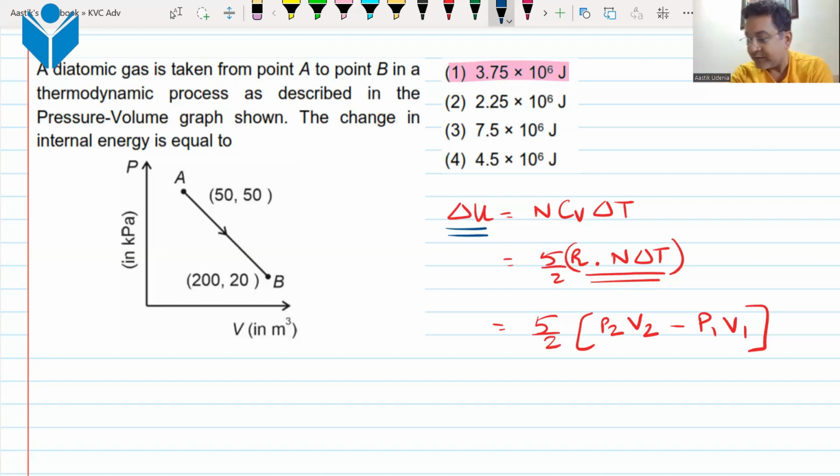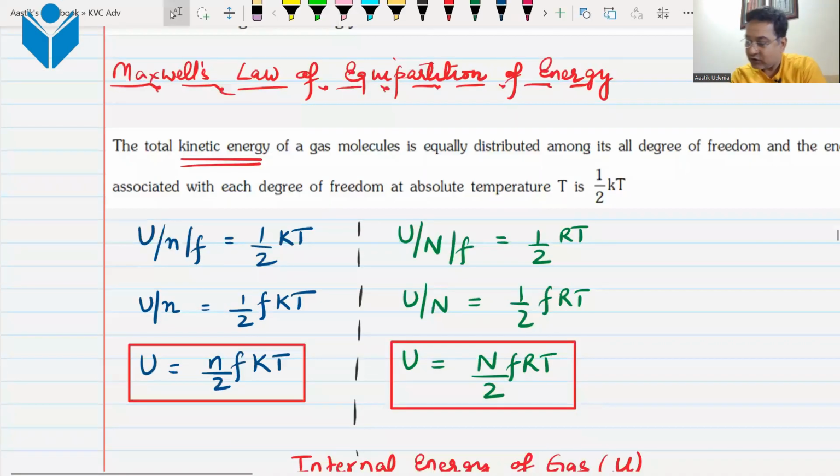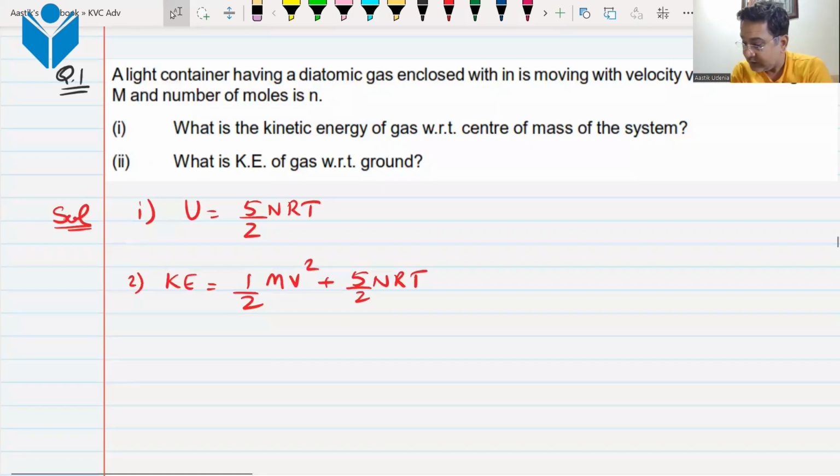Here comes a blast from the past. Maxwell's law of equipartition of energy. U is f by 2 nRT, the internal energy of a gas.